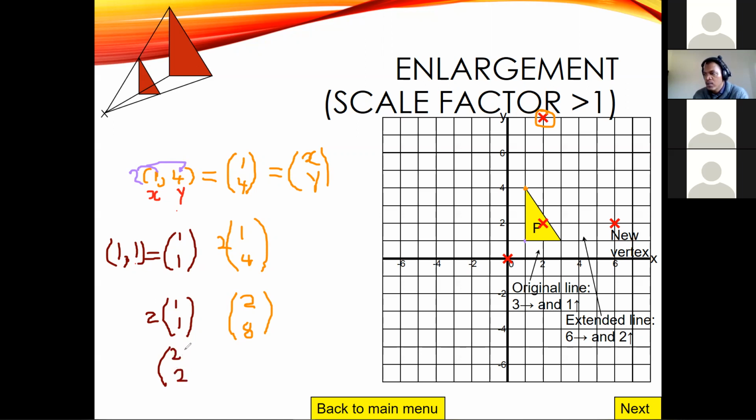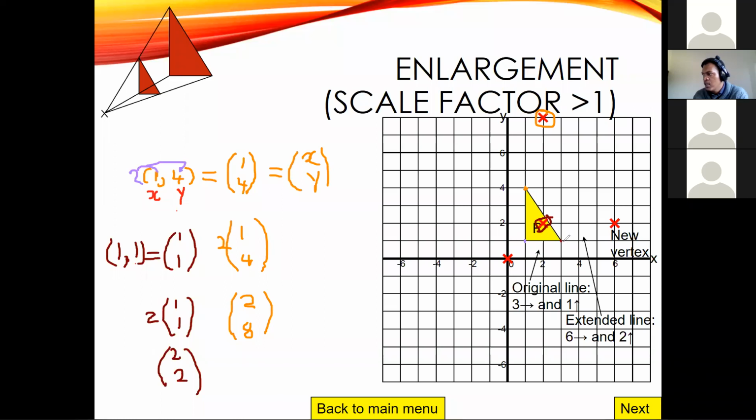This is how we represent our enlargement. Then on our Cartesian plane, you go to where X is 2 and Y is 2. So here's the 2 there, and there's the 2. They meet right over here. We do the same for the third one. This is X is 3, Y is 1.